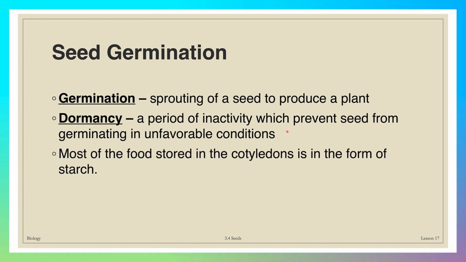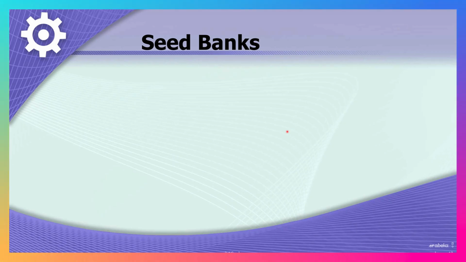And the stored food in the cotyledons is there for when germination occurs and provides the energy in the form of a starch. Now seed banks are storage areas where seeds are kept, and actually people can go and buy seeds from a seed bank.